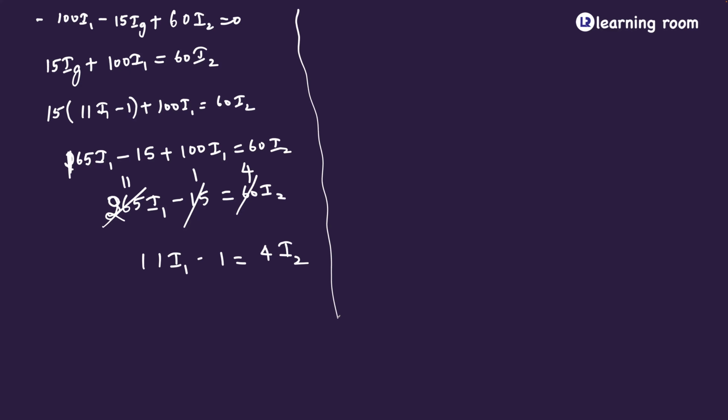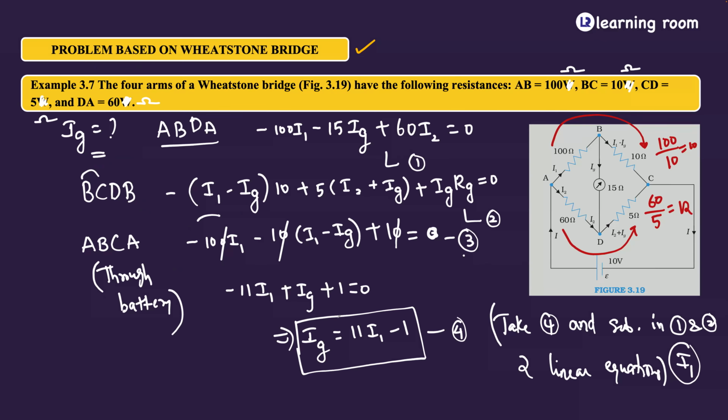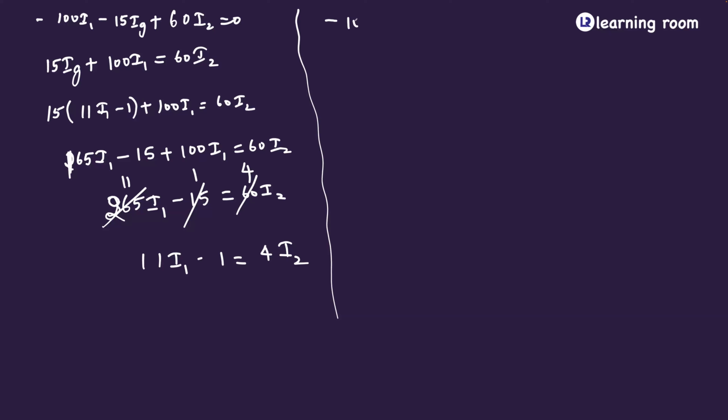Similarly, what is the second equation that we got? Minus I1 plus Ig, so minus 10 I1 plus 10 Ig plus 5 I2 plus 5 Ig plus Ig into Rg is equal to 0.